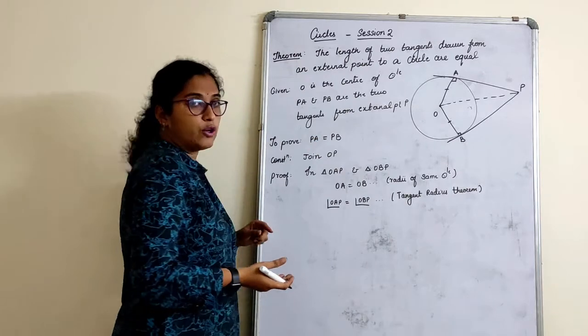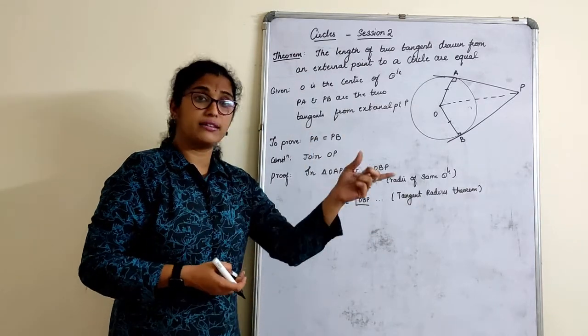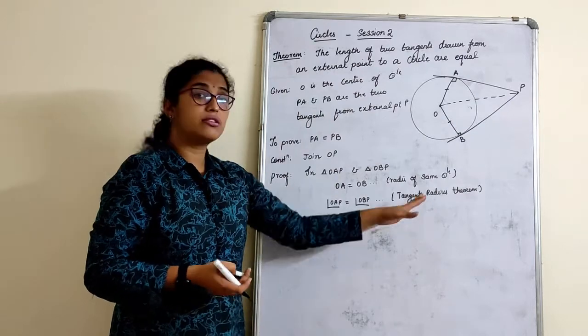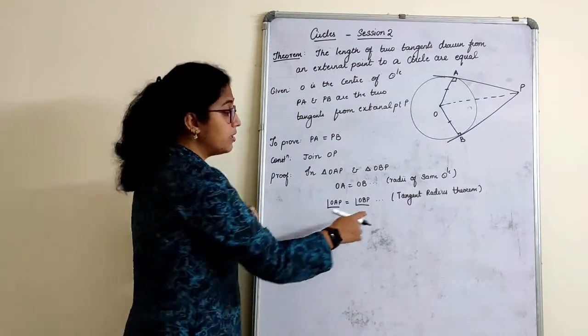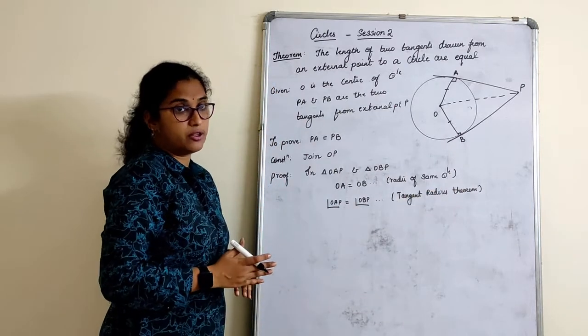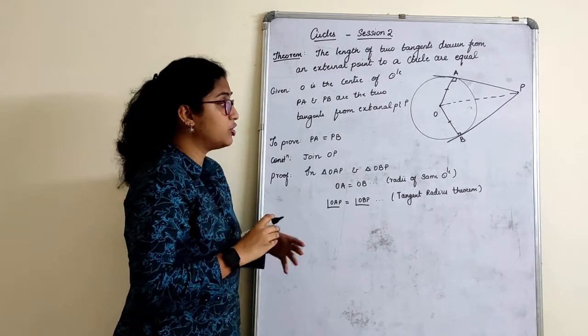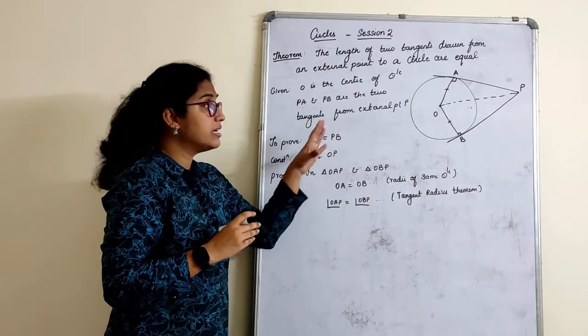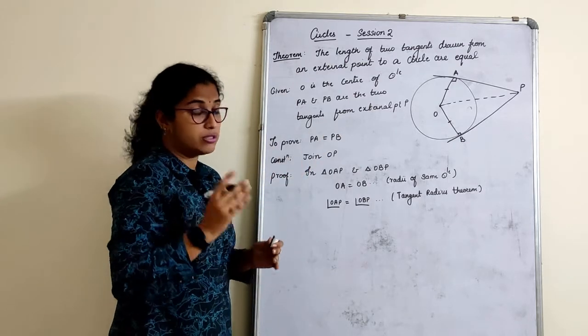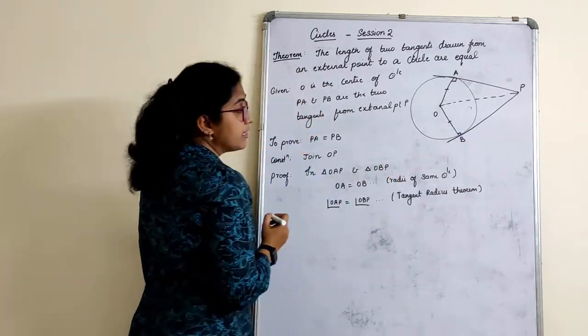This is appropriate, but if your school teacher tells you no, you cannot write this, you have to write the statement, you stick to that. This is also equally correct. I will be using tangent radius theorem everywhere from here onwards. But if your school teacher says you have to write the statement, that a tangent at the point of contact is always perpendicular to the radius, use that. So one side is over, 90 degrees over.